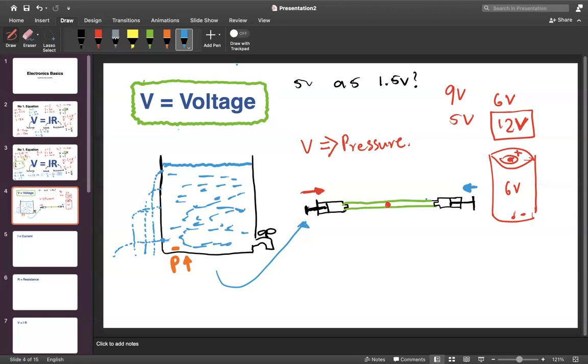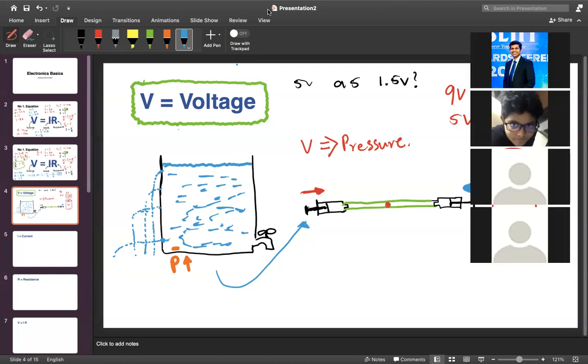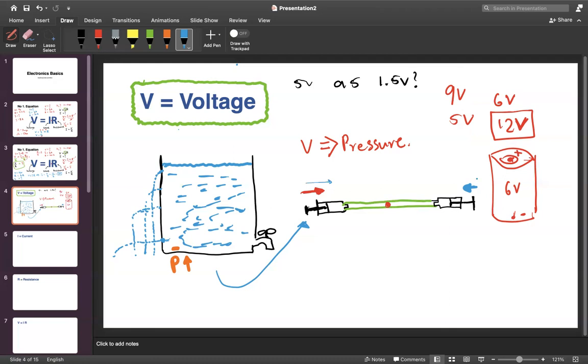Do you understand? Yes, sir. Dulnita, do you understand? Yes, sir. Okay. Now you are pushing from this side, Dulnita, and your sister is pushing from this side towards this way, right?